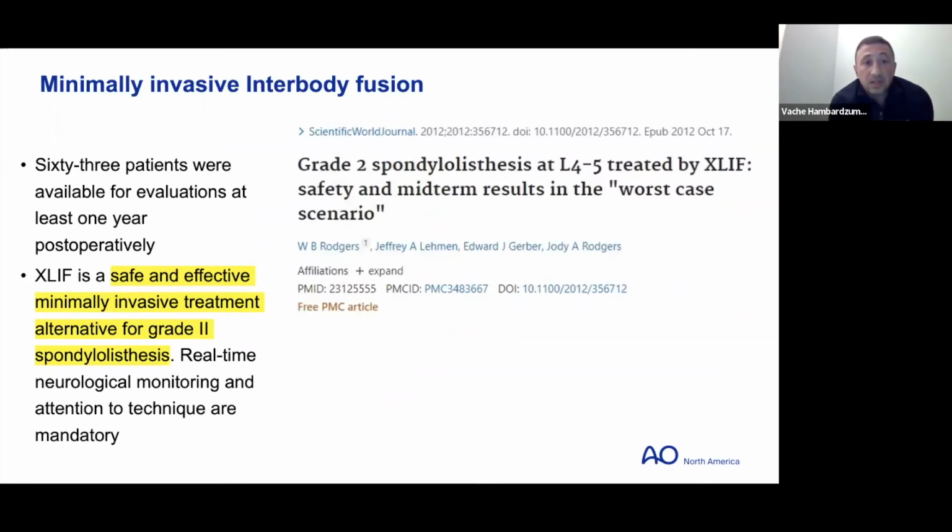Here, the authors analyzed 63 patients, and their results at 1 year were comparable with the results of other procedures for lumbar degenerative spondylolisthesis. Next slide.